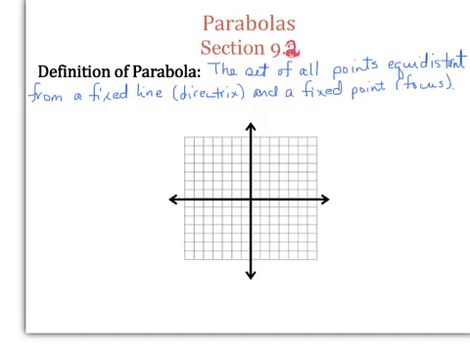Now I'm going to put on this graph the different components of a parabola, and some of these are familiar because we've learned them before, and some of these are not familiar because it's new to you.